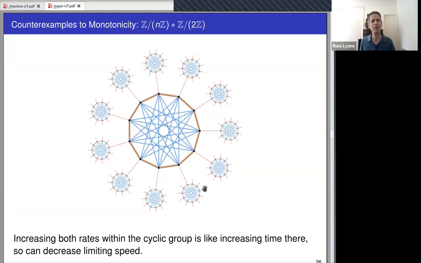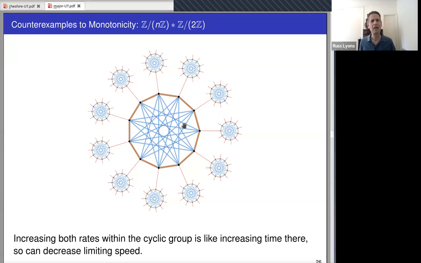And in fact, in general, there are counterexamples to monotonicity of speed. Here's this counterexample for a finite graph that Oded constructed that I showed you. You take a free product with Z mod 2. So these new edges, which are red here, don't introduce any new cycles.